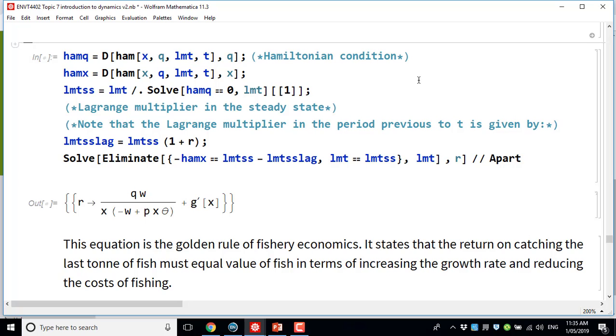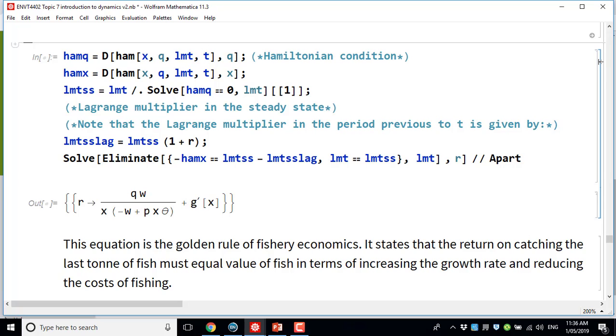That's the derivative with respect to the catch. And then the next one is the derivative with respect to the stock. I'll just have a look at one of those and explain how it's interpreted.